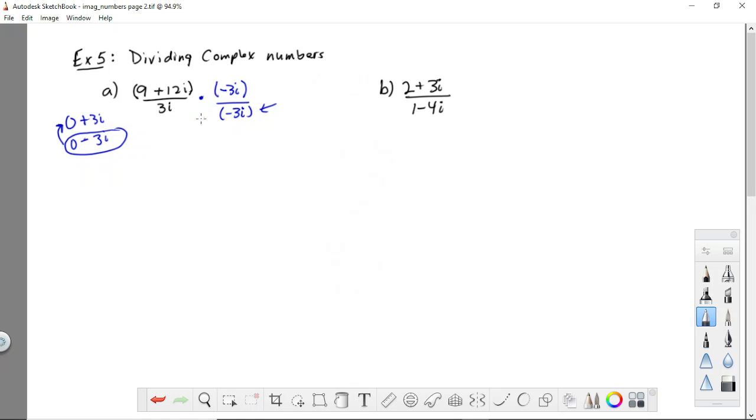And again, we use that because it's the conjugate of that, which is the denominator. So multiply top and bottom by the complex conjugate of the denominator. That's the rule. I should probably write that down somewhere. How about over here?